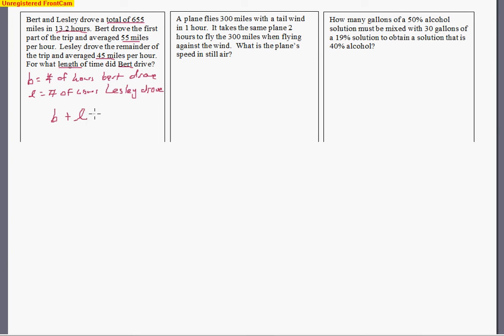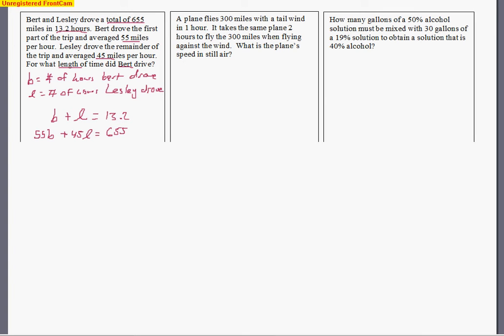B plus L is 13.2. Remember, B stands for number of hours. L does as well. So those two add together to make 13.2 hours. Now we've got a total number of miles. So if we take the number of hours, multiply it by their average speed, it's going to give us the total miles Bert drove. Same thing with Leslie. 45 miles an hour times the number of hours she drove gives us her distance, equals 655.